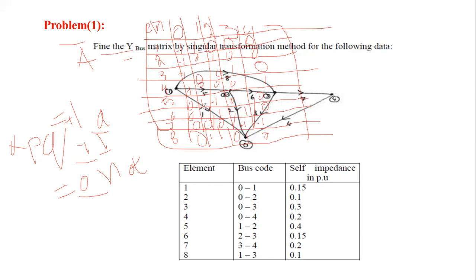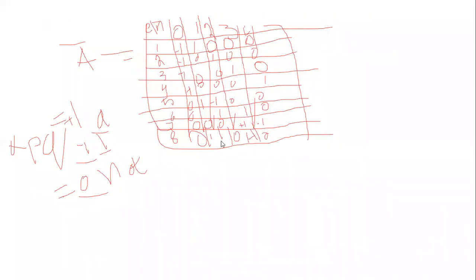Away means +1, and it is towards the third node, so it is considered as -1. This is the matrix for the given graph. By using this matrix, clear?